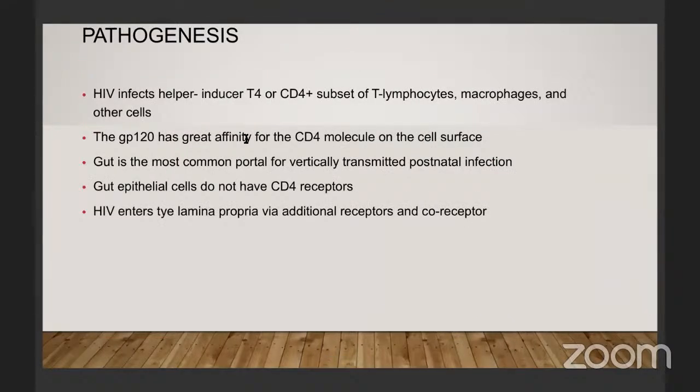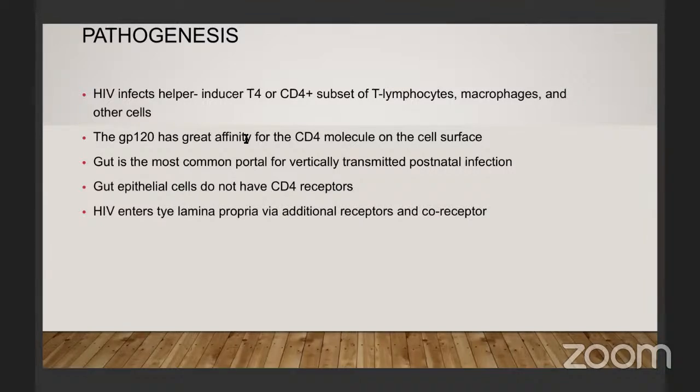So HIV infects helper T cells, the CD4 subset of lymphocytes, macrophages, and other cells. So the glycoprotein GP120 has a great affinity for the CD4 molecule on the cell surface.